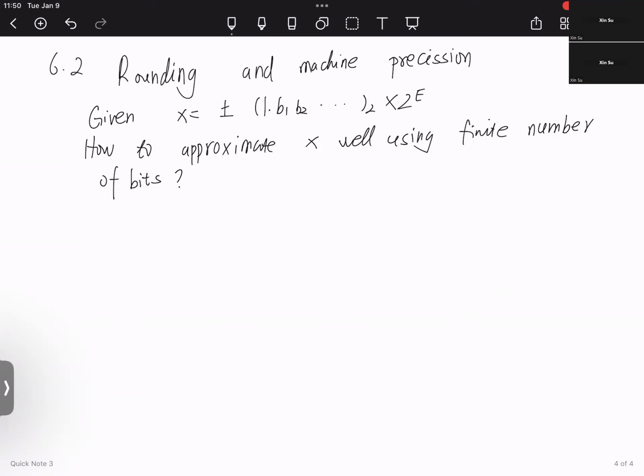Would you round it down or round it up to get an integer representation? Which one would you choose to get a better approximation? 10, because the distance between 10 and this number is 0.4, and to 11 it is 0.6.